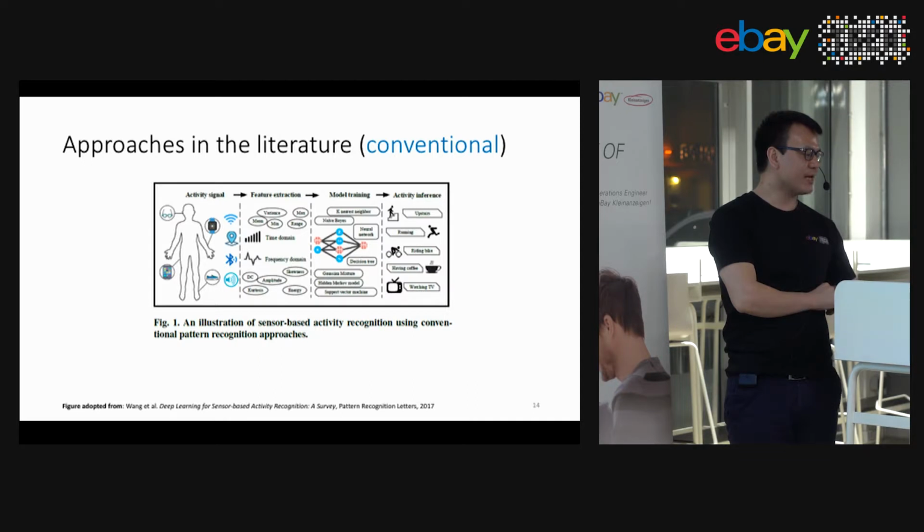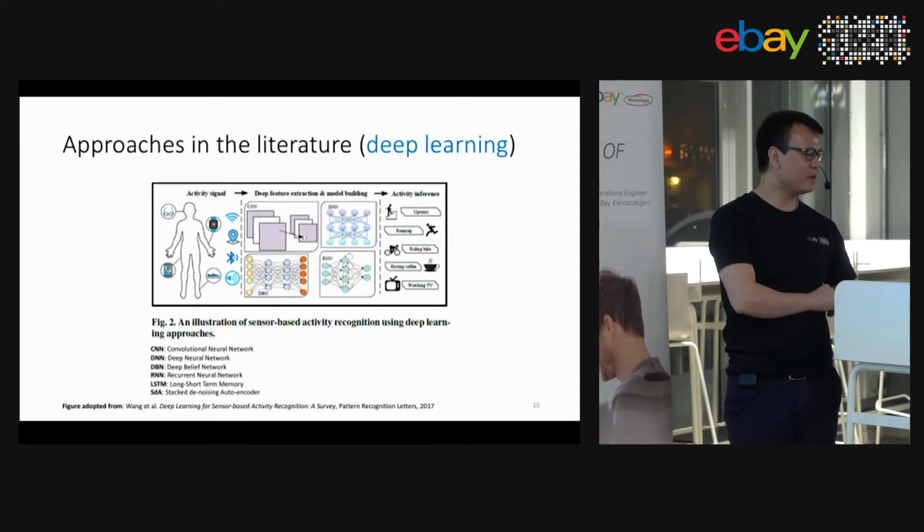For these two slides, each chart has several columns. The first column and the last column are the same for the two slides. The first column is about data collection, using different devices collecting the accelerometer data.